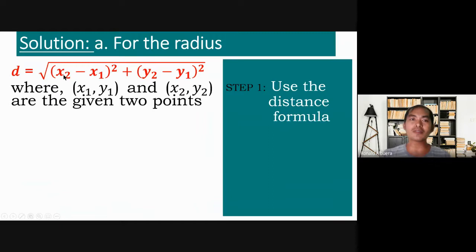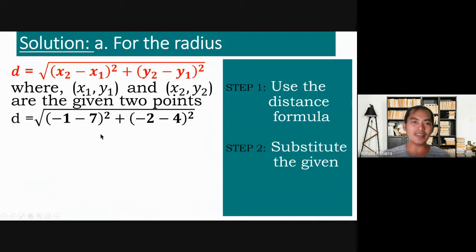Kung sa x, ang x sub 2 mo ay yung naunang point, yun din dapat ang sa y coordinate ang kukunin nyo. Then step 2 is substitute the given.